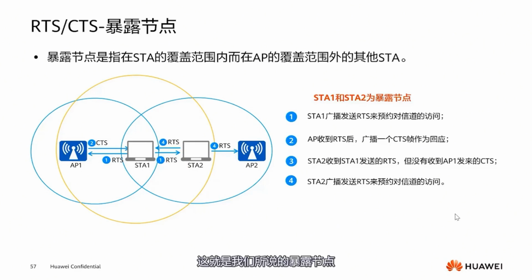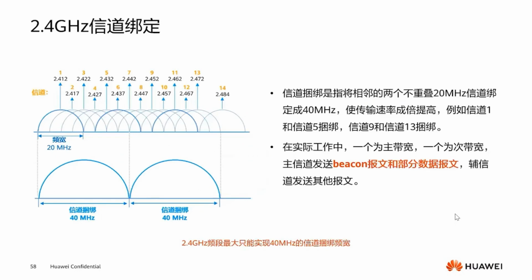This is what we call an exposed node. In this scenario, the AP or terminal responds only to received CTS, ignoring the prior RTS. Therefore, STA2 will broadcast an RTS to reserve channel access, illustrating the exposed node scenario.